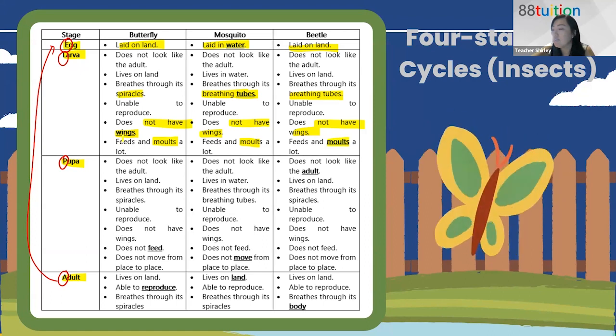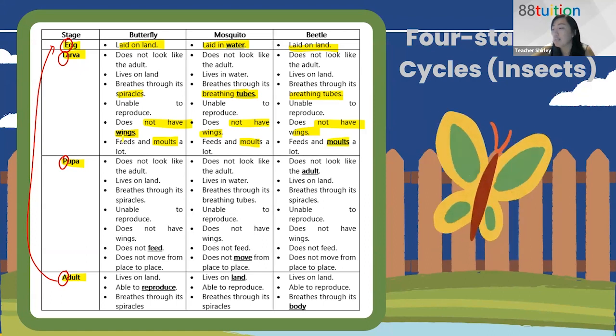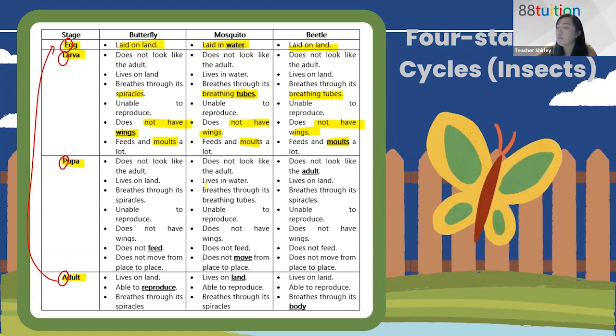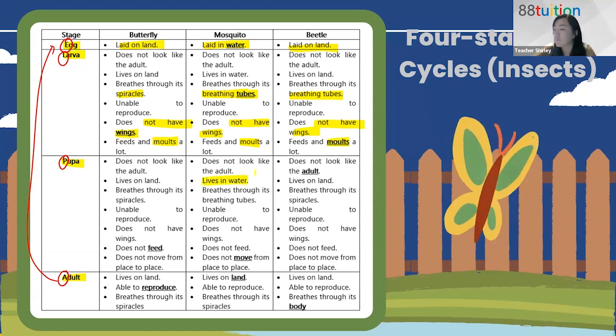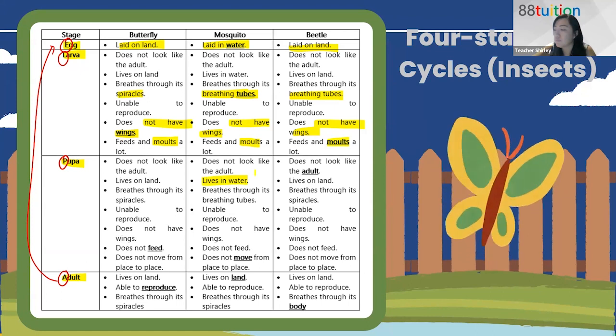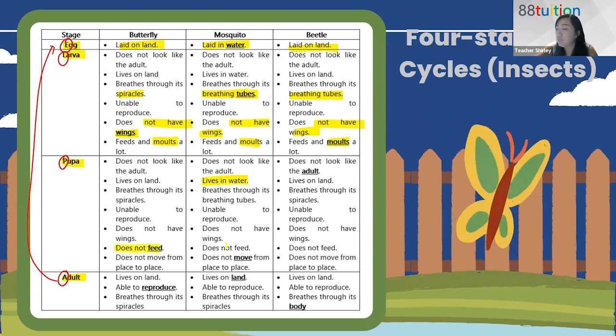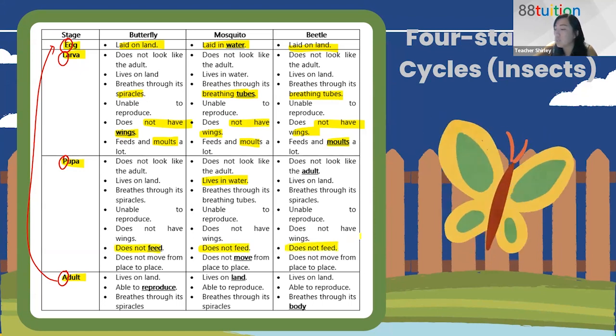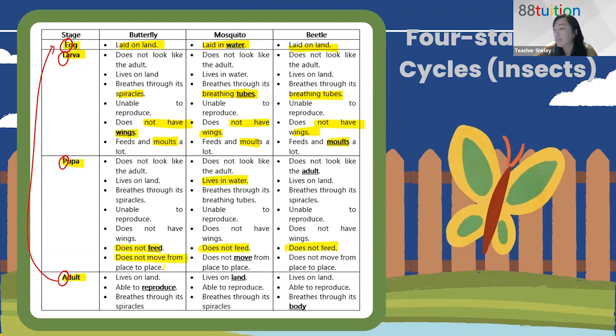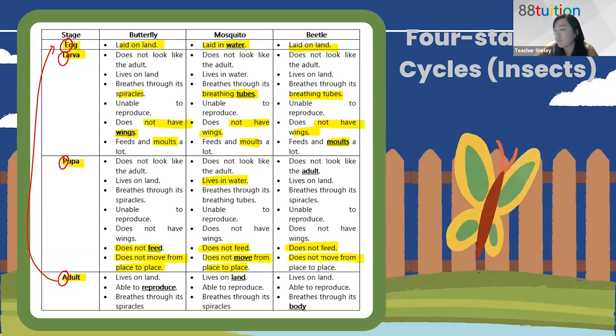Now, next one, the pupa does not look like the adult. The mosquito pupa lives in water. It does not feed and does not move from place to place, for all of them.